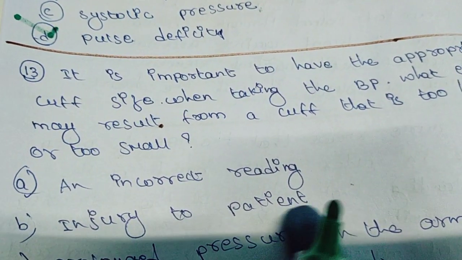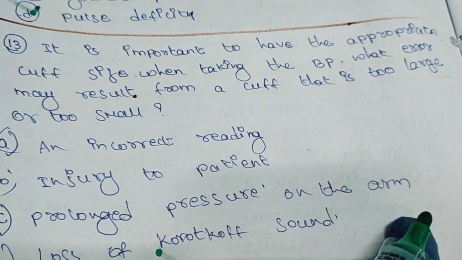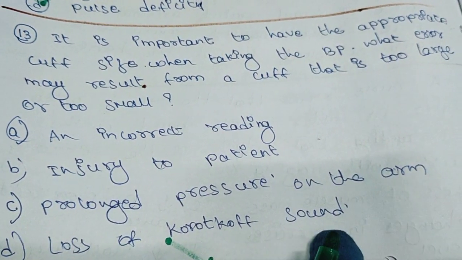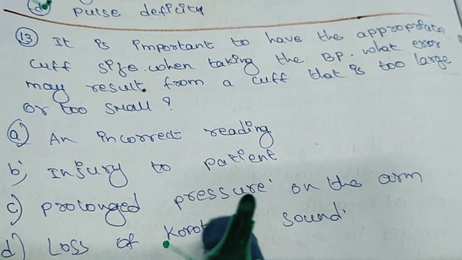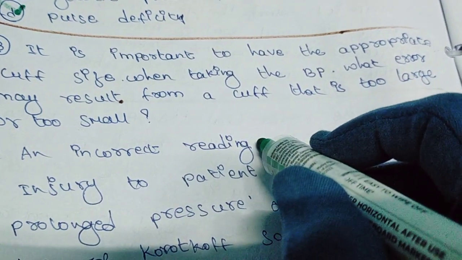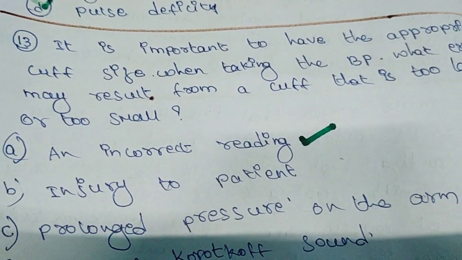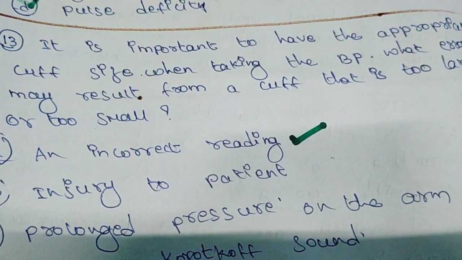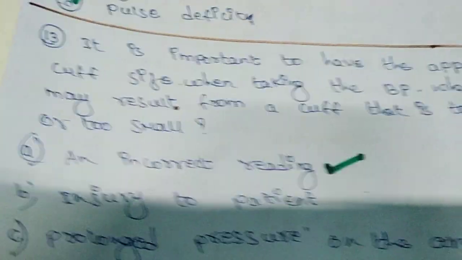An incorrect reading, injury to the patient, prolonged pressure on the arm, or loss of Korotkoff sounds. Korotkoff sounds are the sounds that you hear when you are checking blood pressure. The right answer is incorrect reading. If the cuff size is not appropriate, it can give you wrong results, so the cuff size should be proper to get an accurate reading.